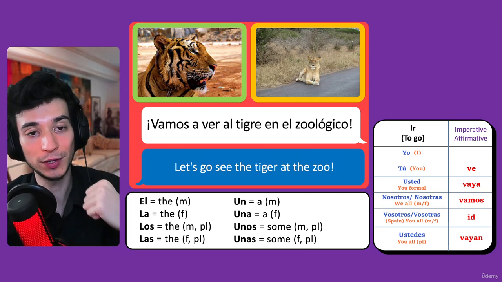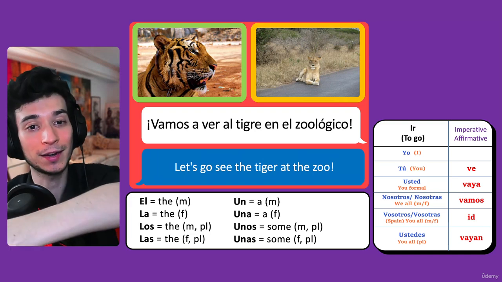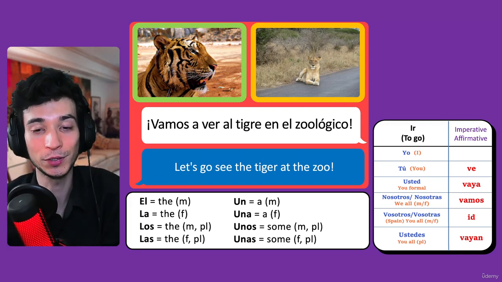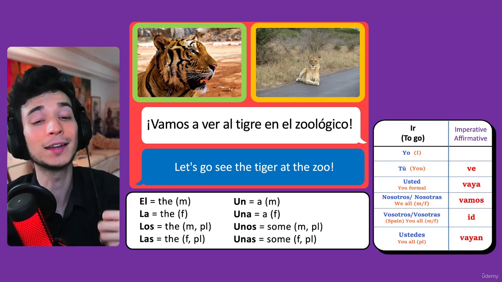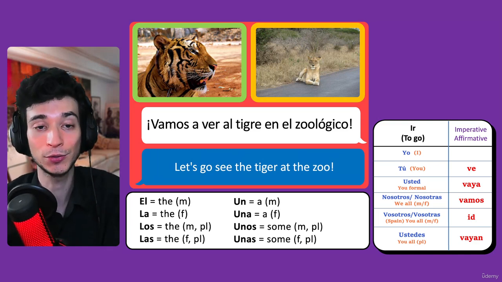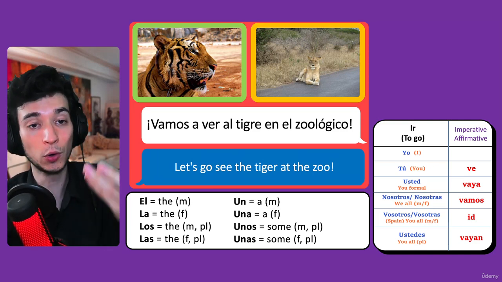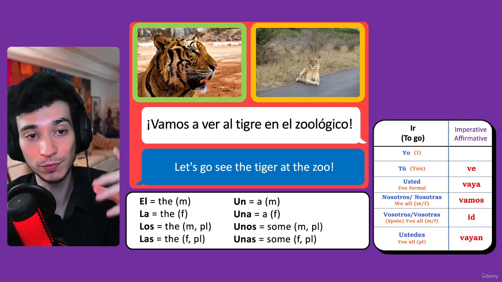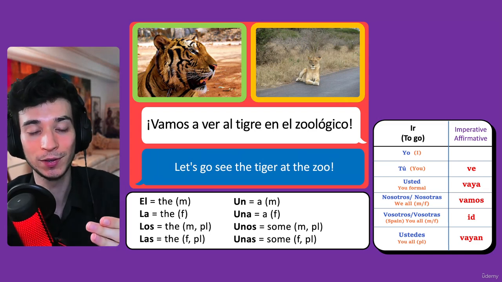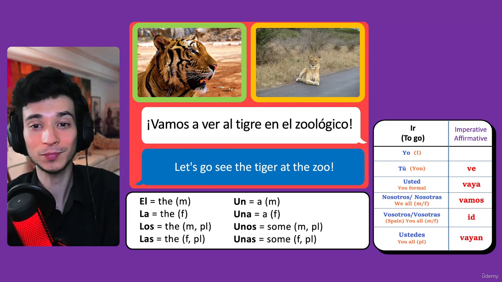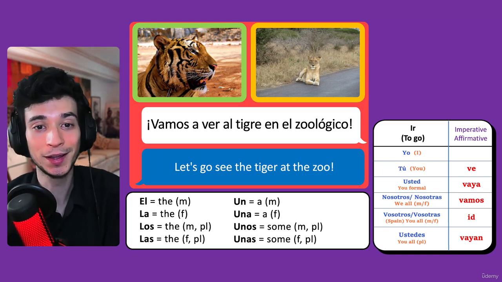But if you give a lot of emotion and you say, vamos a ver al tigre en el zoológico, that one feels more like, let's go see the tiger at the zoo. So it depends on what emotion you give to tell the difference between vamos for we go or vamos, let's go. So we use the same word.